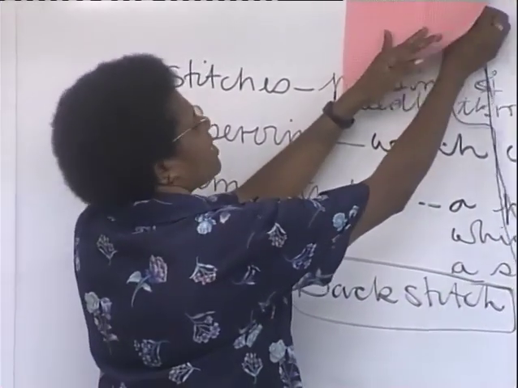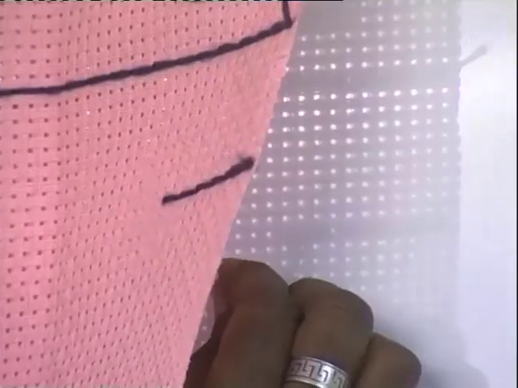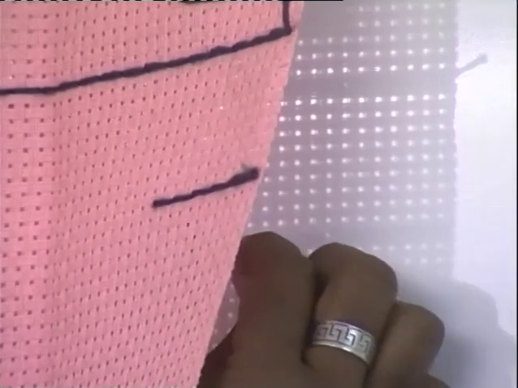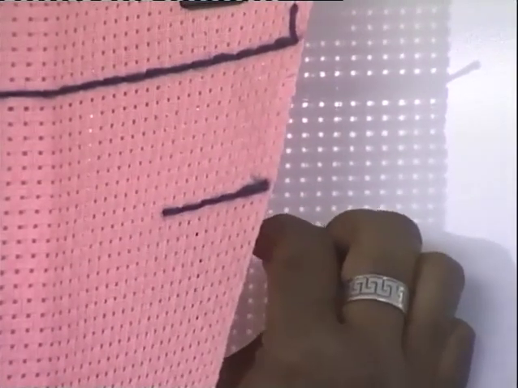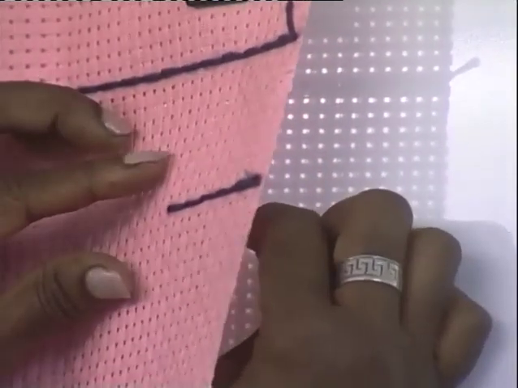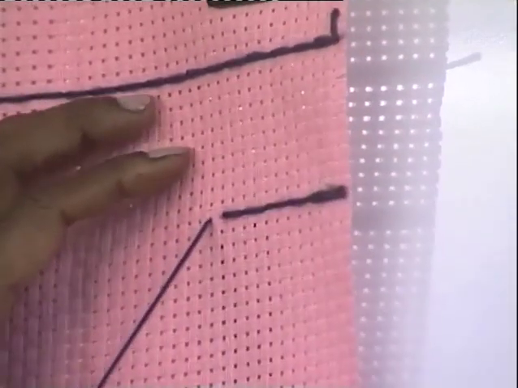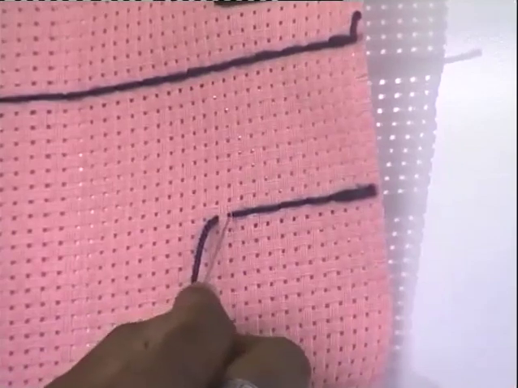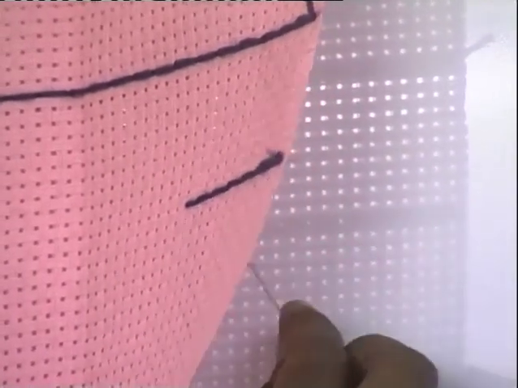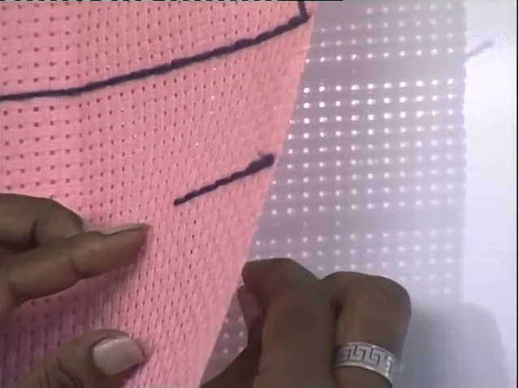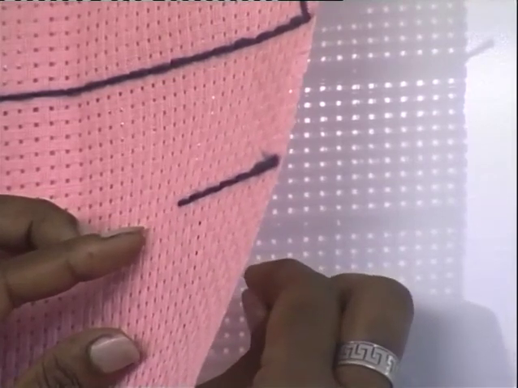We go once again half a centimeter away from the end of the previous stitch. Now we go back to the end of the stitch, go down, pull it through. We are going to come up again where the end of that last stitch is.